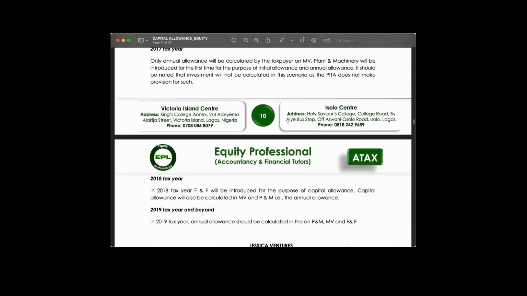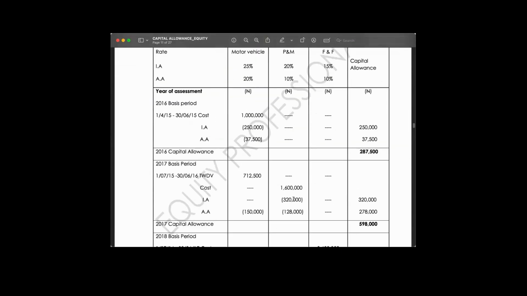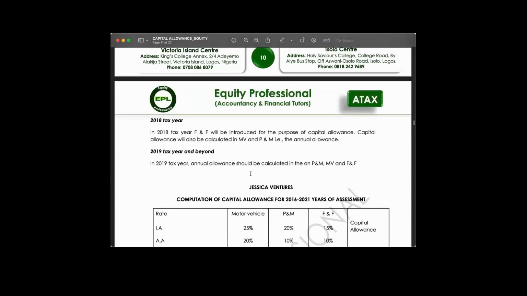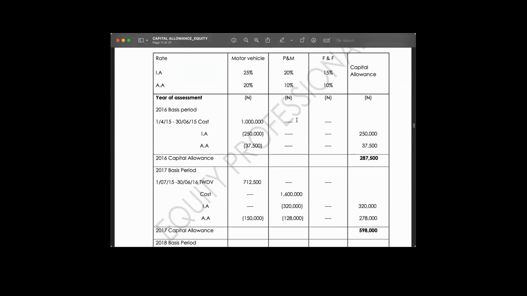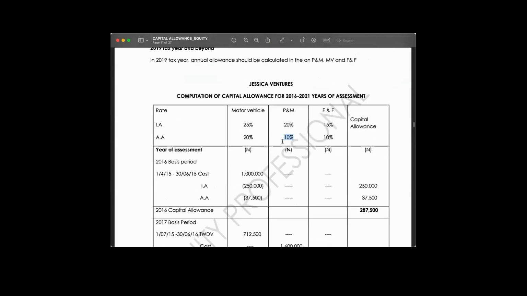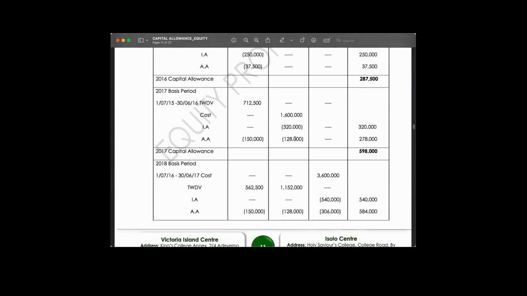Now, we need to calculate our annual allowance for this asset. So I'll just say 1.6 million minus 320,000. This asset we use 10 years, that is 10%, 100 over 10. So what do we have? 1.6 million minus 320,000 gives us 1,280,000, right? If we divide that by 10, you have 128,000. Okay? So that is that.